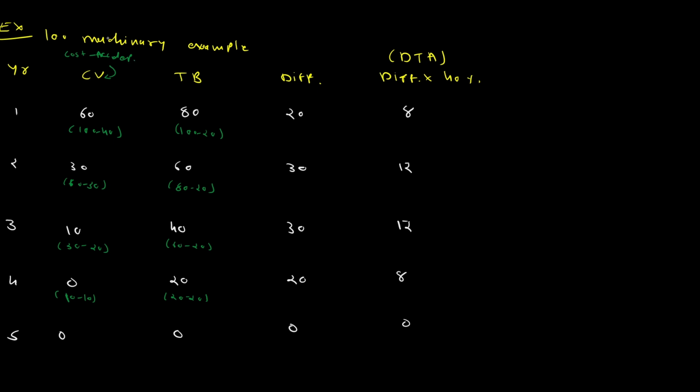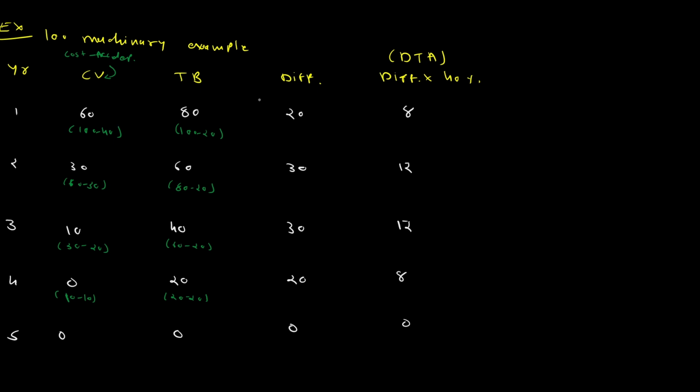In the first year, my carrying value is cost minus accumulated depreciation. First year is 40%, so 100 minus 40, 60 is my carrying value, and the tax base value is 100 minus 20. Tax base is none other than the carrying value of an asset for the tax book. So 80 is my first year carrying value for the tax book, and 60 is my carrying value for the accounts book.